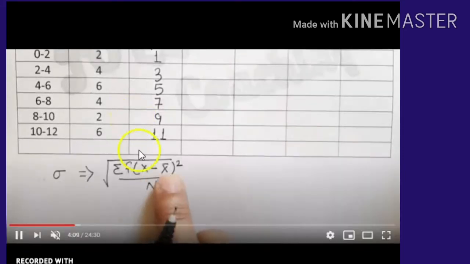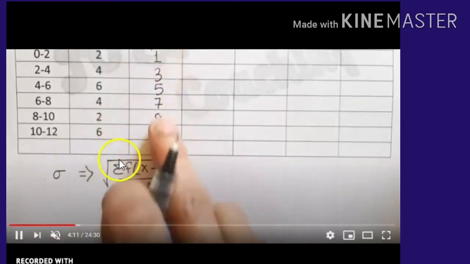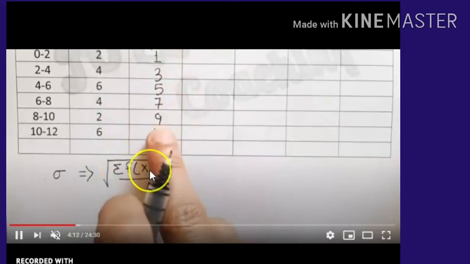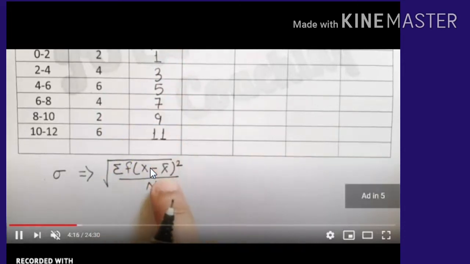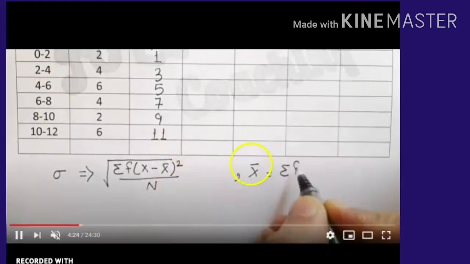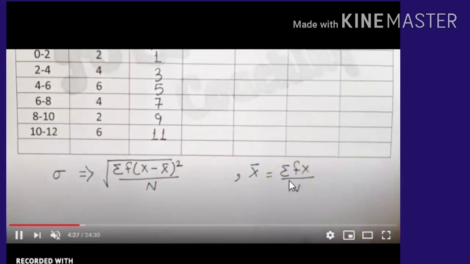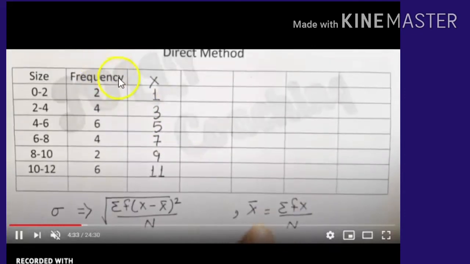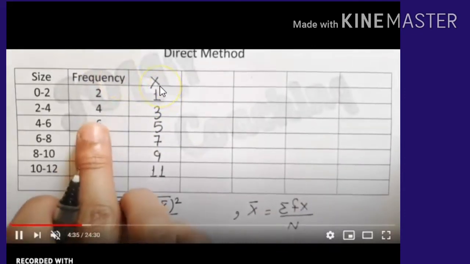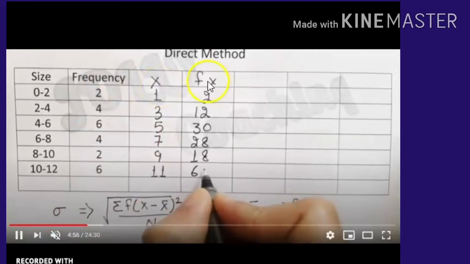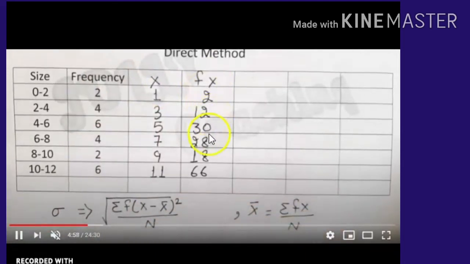Next, apply this formula. First you have to find the x bar column. How will you find the x bar column? x bar is equal to sigma fx by sigma f, or n. So here you have to find sigma fx. First you multiply the frequency column and this x. So fx is 2, 12, 30, 28, 18, 66.